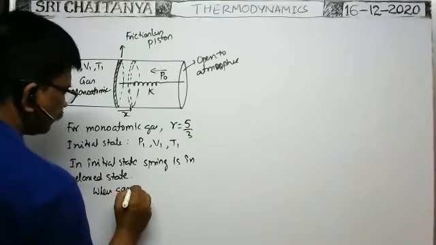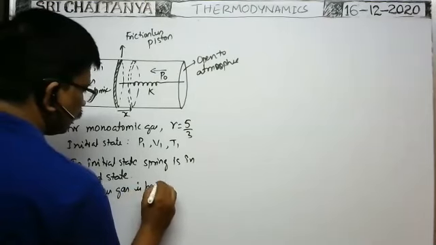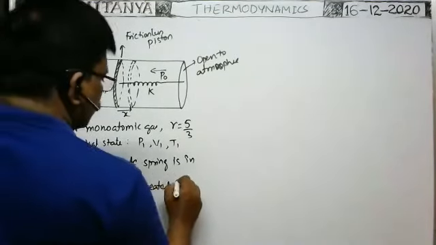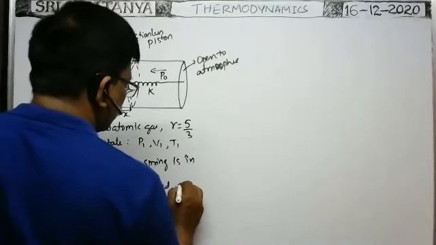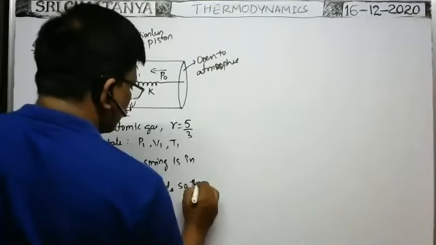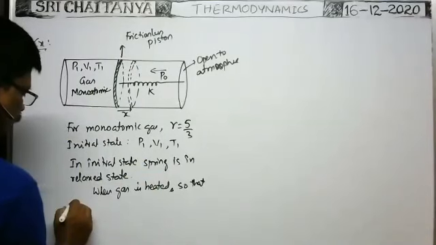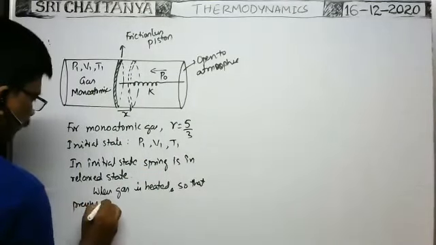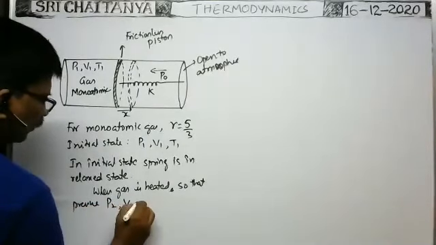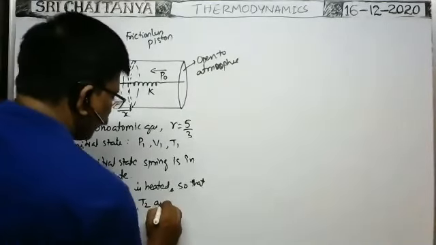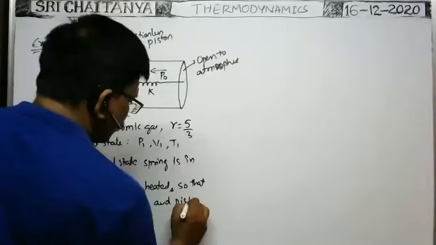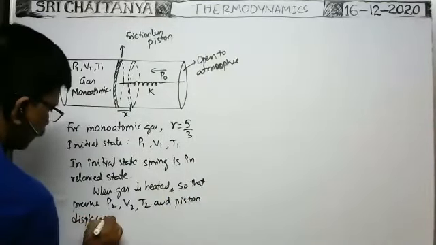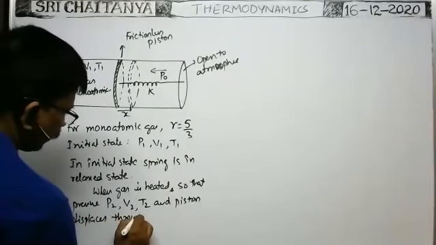When the gas is heated, the pressure becomes P2, volume V2, temperature T2, and the piston displaces through a distance equal to x.